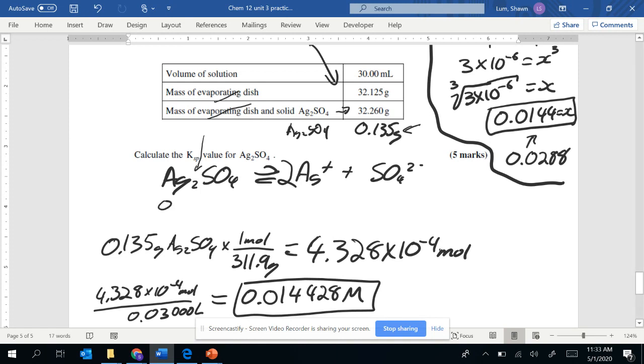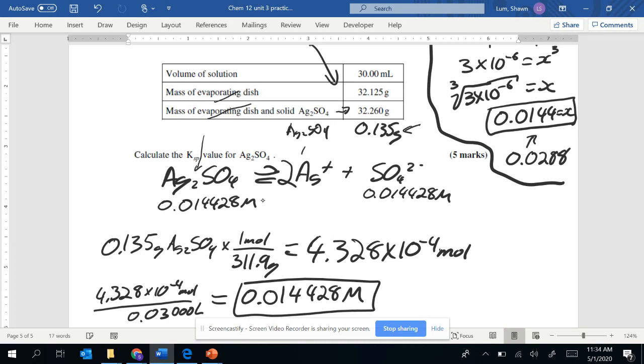So this is going to be 0.0144428 molarity. Since this is a 1 to 2 to 1 ratio, this number is going to be the same for the sulfate, also 0.0144428 molarity.